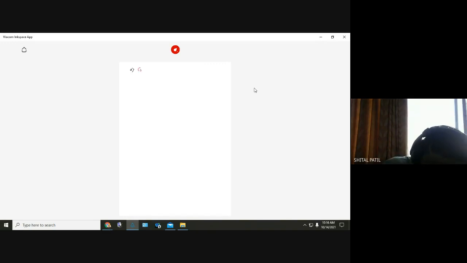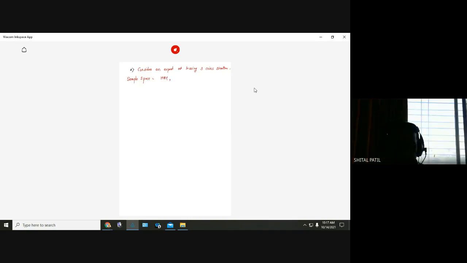Consider an experiment of tossing 3 coins simultaneously. Please complete the sample space. What are the possible outcomes? Head, head, head: all the coins show heads.